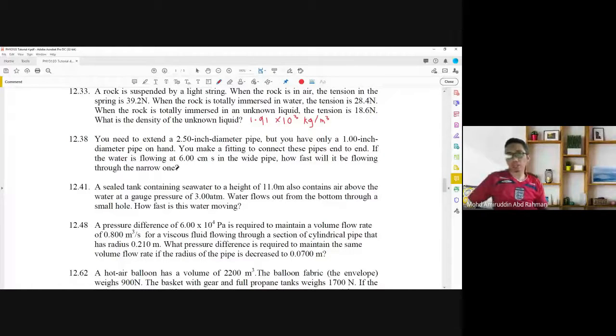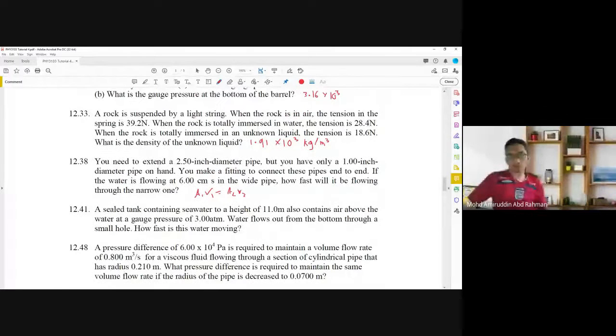Area of the pipe is pi r squared, right? So we know the speed, and we want to know what V2 is. So A1 V1 equals A2 V2. This is the principle.